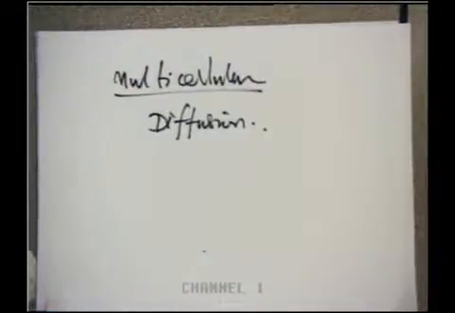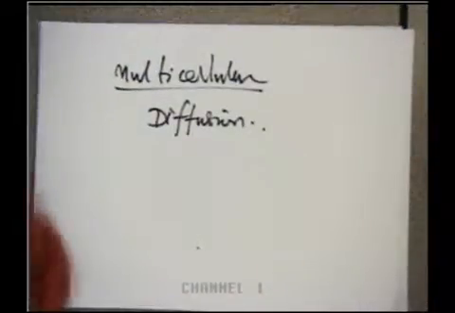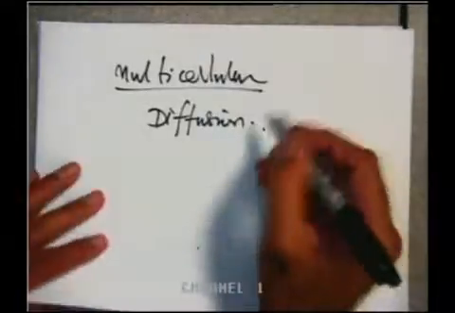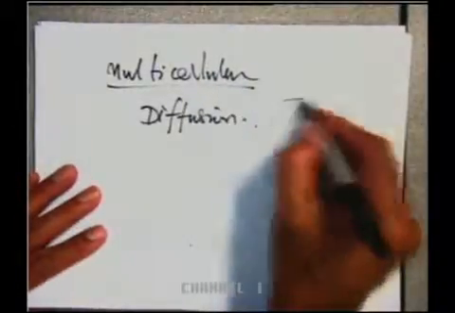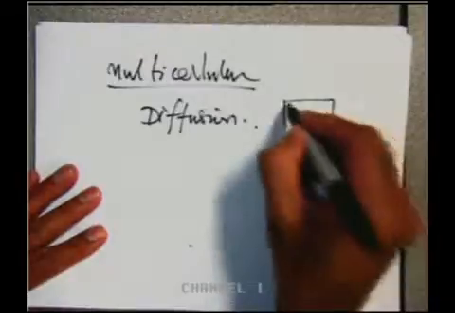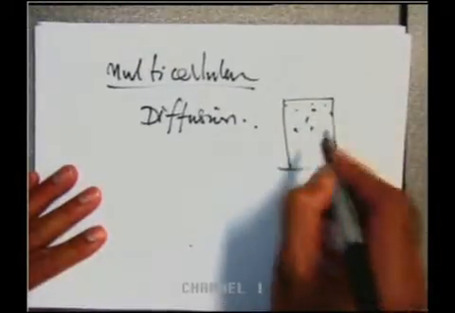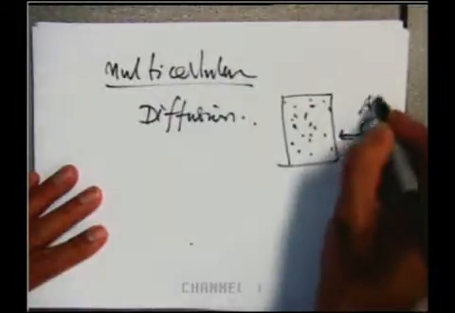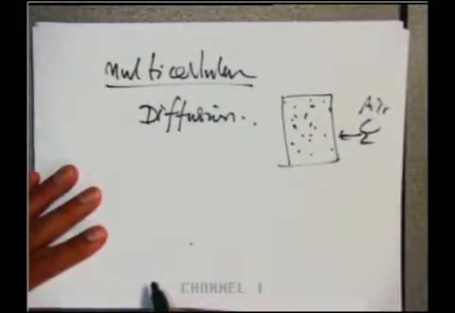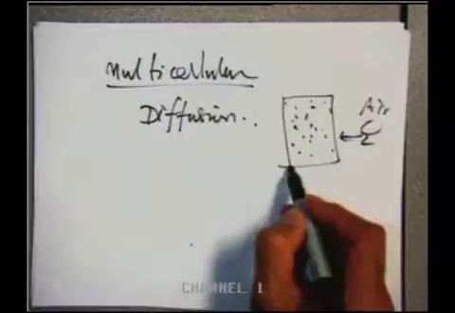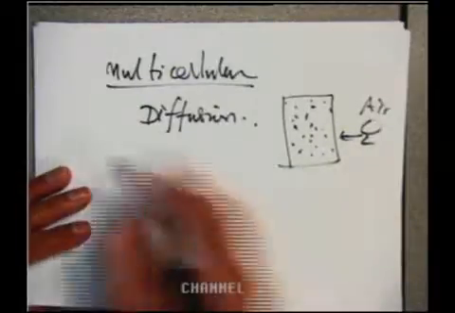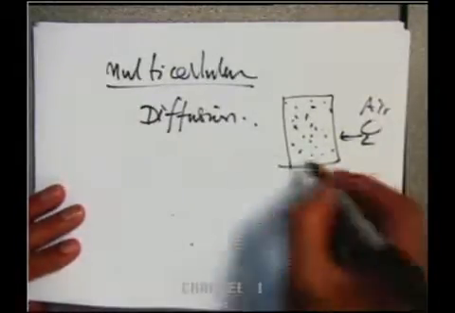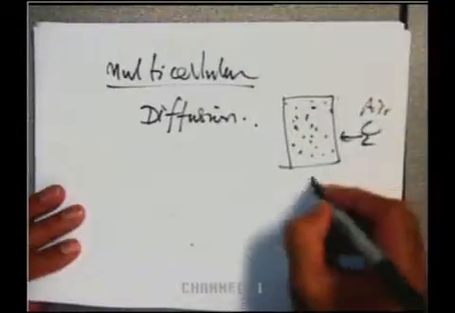So if you have diffusion, suppose there is a membrane with holes in it, the oxygen can go in from the air and then go over there. But if you want the surface area to be more for the diffusion, this area is limited.